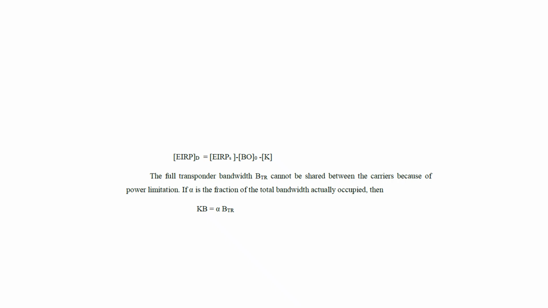If alpha is the fraction of the total bandwidth actually occupied, then the value of KB is equal to alpha times BTR. Thus the power requirement for the FDMA system is analyzed, by which the carrier to noise ratio is calculated.